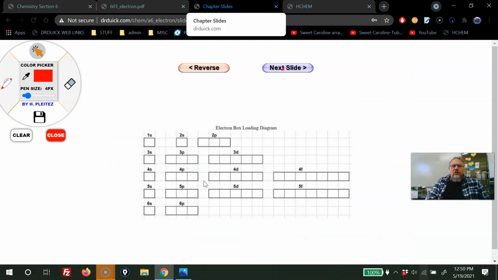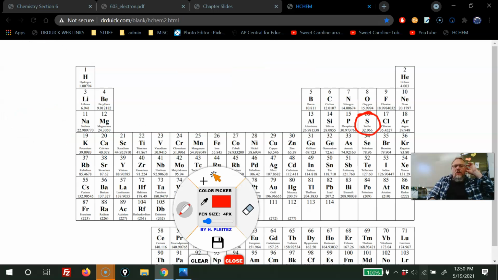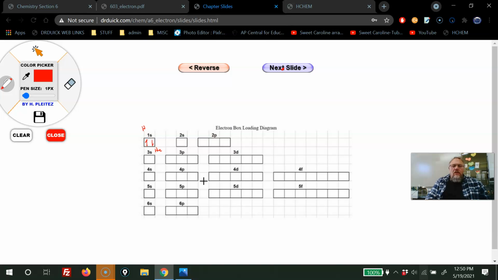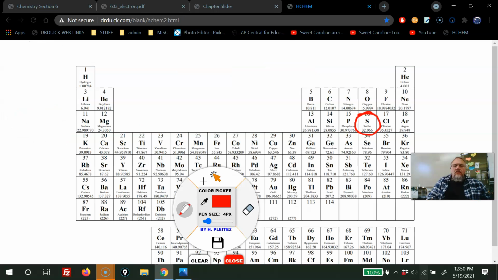So when I go to load them, I'm going to make this the smallest thing possible. This is 1s1, that's hydrogen. This is down, that would be helium, right? Then that's the end of that row. Then we have lithium, then beryllium, okay? So we go up 1 for lithium, down for beryllium. You have 2p1 through 6. So look how this looks on our diagram.